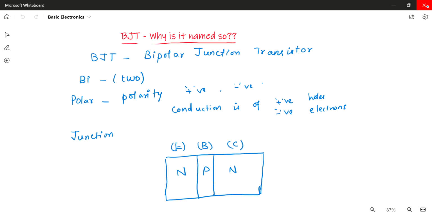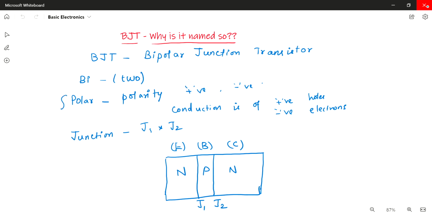And if you see, there are 2 PN junctions formed in the transistor, J1 and J2. So that is the name bipolar junction. There are 2 junctions available in the transistor. That is the meaning of the junction.